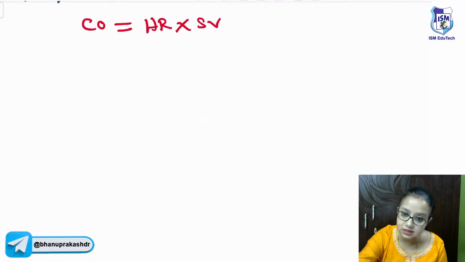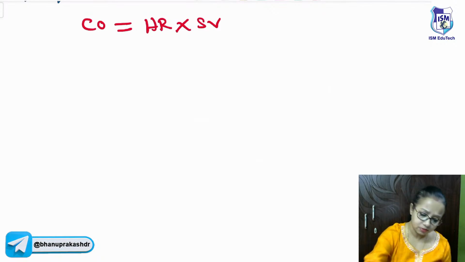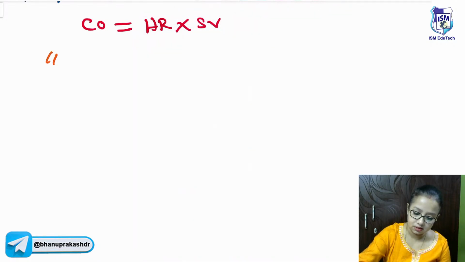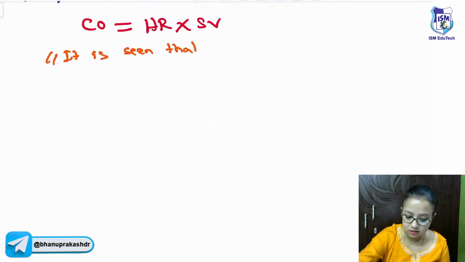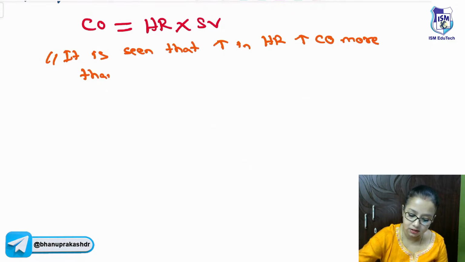So obviously any factor that is increasing or decreasing the heart rate or the stroke volume will affect the cardiac output, though it is seen that increase in heart rate increases cardiac output more than increase in the stroke volume.